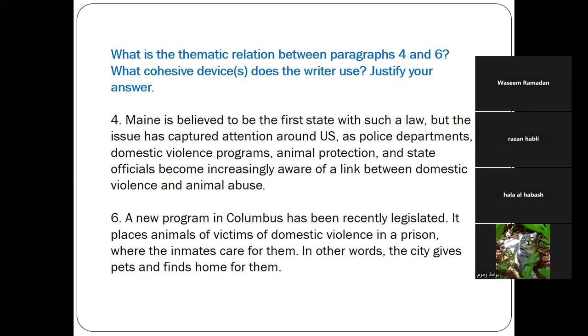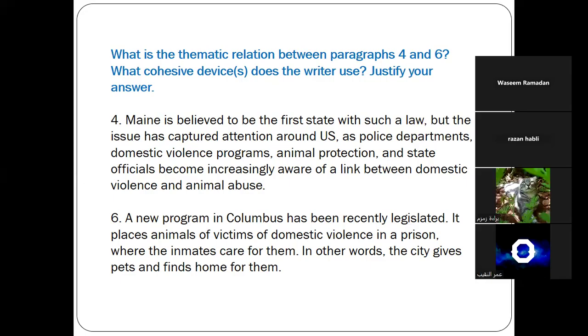No. So the cohesion here is not direct, which means that it's indirect.